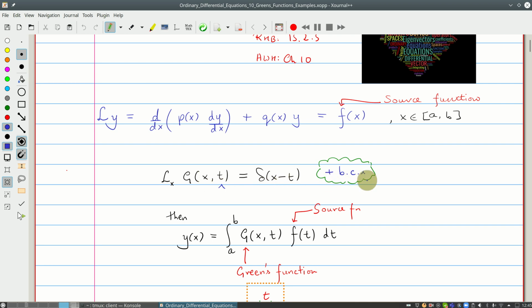We define g subject to the same boundary conditions we had for the equation here. And if we do that, then the solution y of x is given as the integral from a to b of g of x comma t times f of t. The source function f of x becomes f of t; it's convolved with the Green's function, integrated over the t coordinate, and you get the solution y of x.